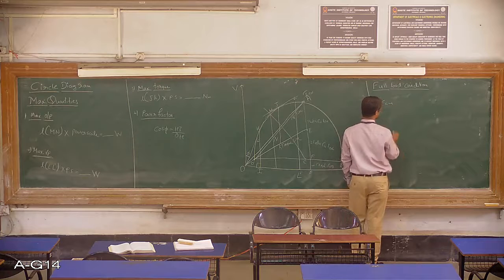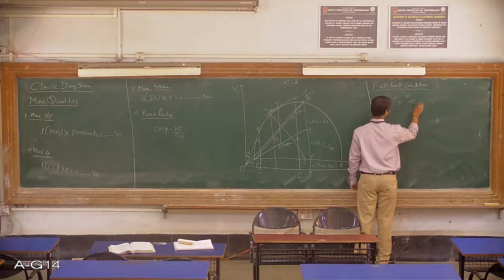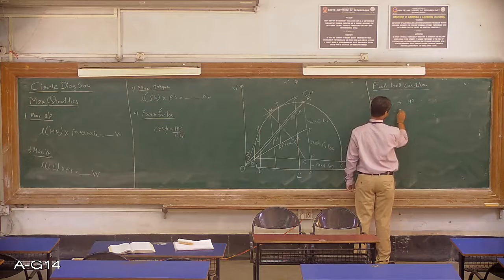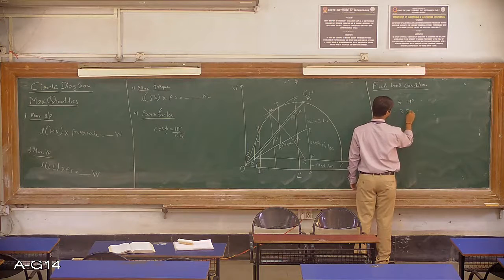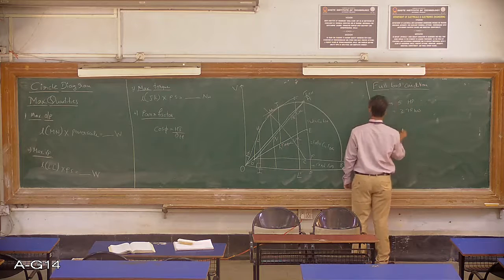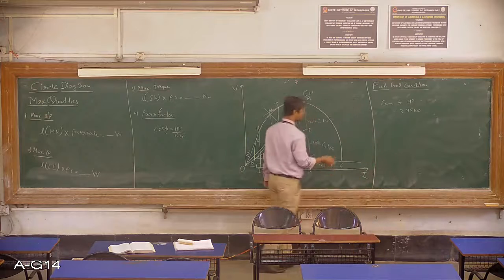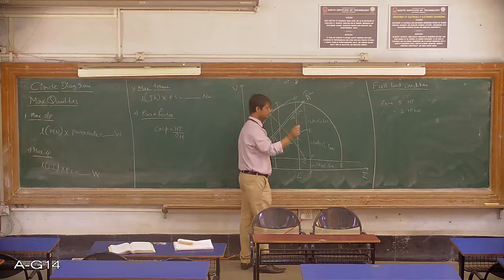Suppose, I'll give you an example. Suppose it's a 5 HP machine. 5 HP is nothing but 3.75 kilowatts. Now this 3.75 kilowatts, the output of the machine is 3.75 kilowatt.